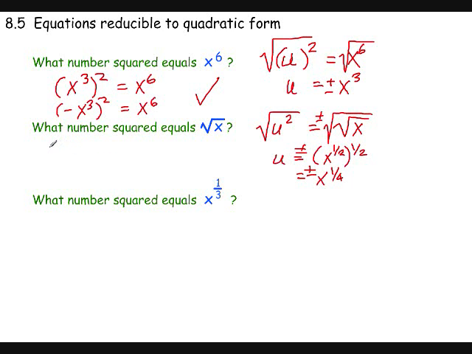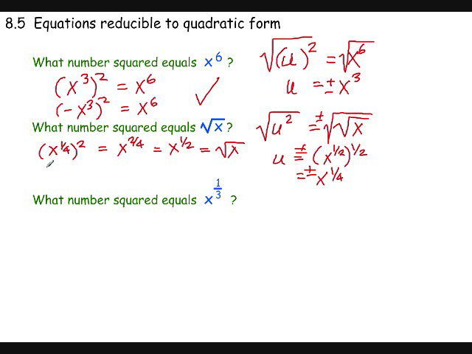So if I have x to the 1/4 and I square it, I get x to the 2/4, which is equal to x to the 1/2, which indeed is equal to the square root of x.